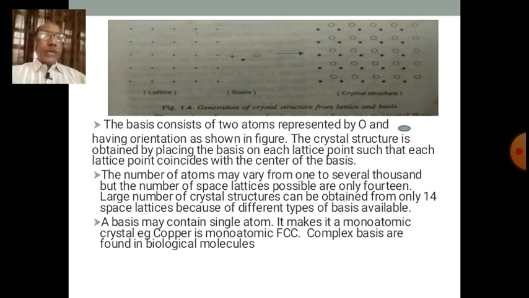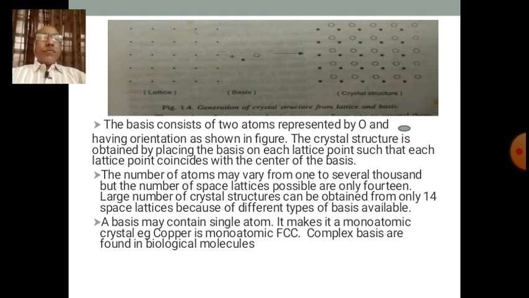So we have to place the basis in such a way that the center of the basis coincides with the lattice point. In this way a crystal structure can be generated, which is shown to the right of the arrow. So lattice plus basis is equal to crystal structure.